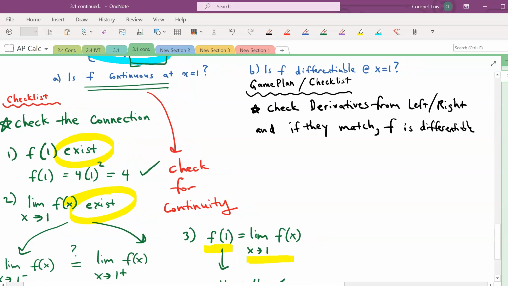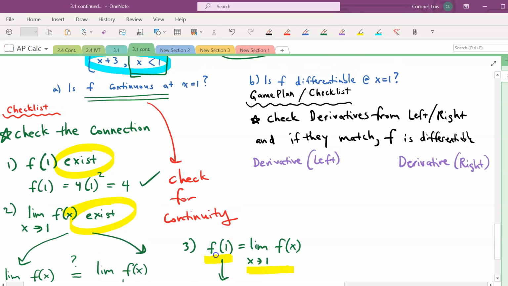Okay, f is differentiable. So we have to figure out what's the derivative from the left and what's the derivative from the right. So let's do this. Derivative from the left. Let's just write derivative from the right.